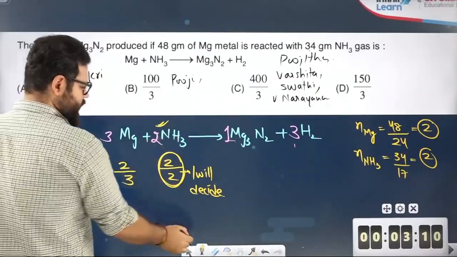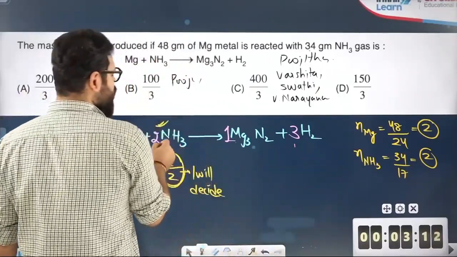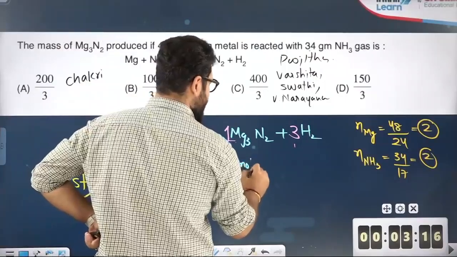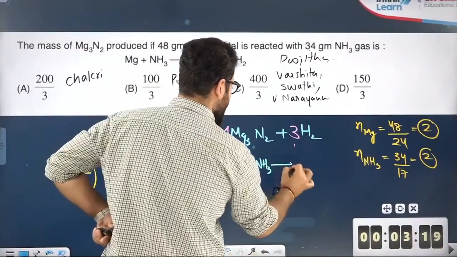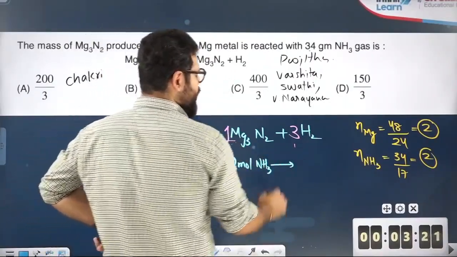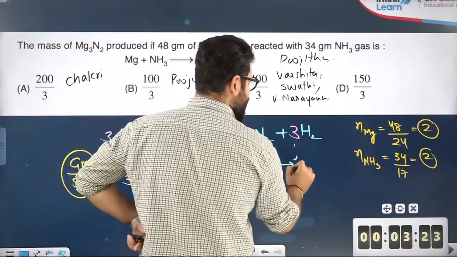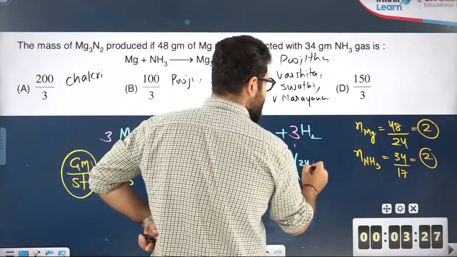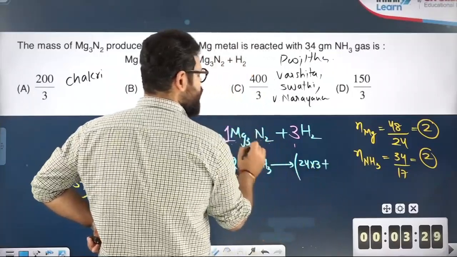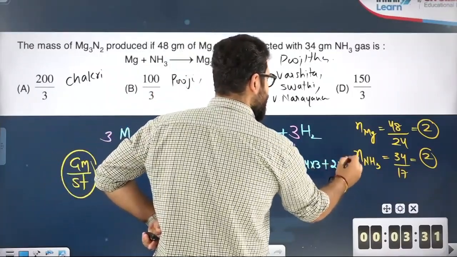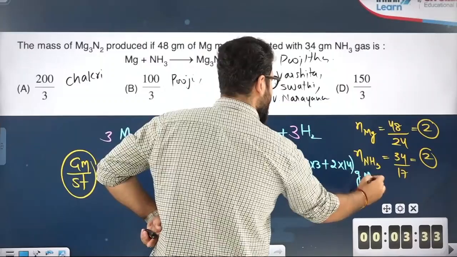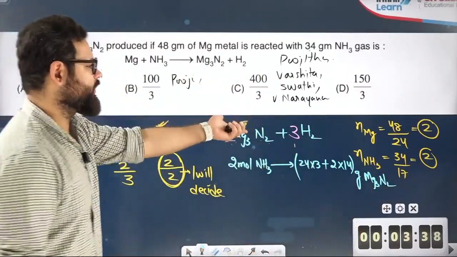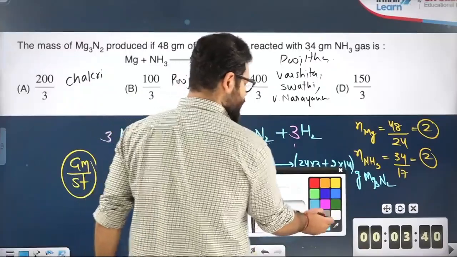Ammonia will decide. 2 mole ammonia gives 1 mole Mg3N2. I'll write the mass of Mg3N2. 1 mole means 3 magnesium, 24 times 3, plus 2 nitrogen, 14 times 2 gram Mg3N2. 2 mole only are given, so this is the answer directly. Full 2 mole ammonia is getting consumed.